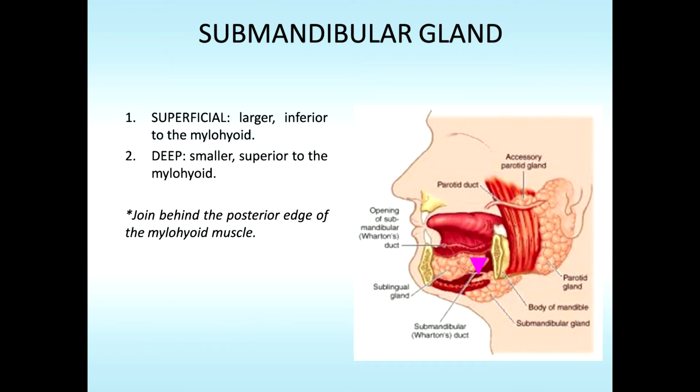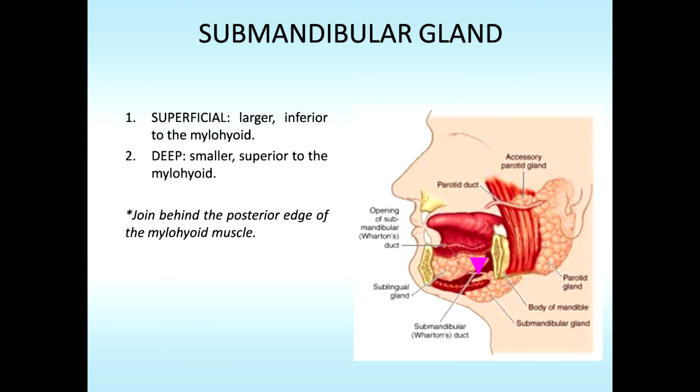Then we have a smaller portion, which is called the deep portion. This deep portion goes around the posterior border of the mylohyoid muscle, and it penetrates into a little pocket which is made of the mandible, the mylohyoid muscle, and the hyoglossus muscle, which is called the submaxillary hiatus.